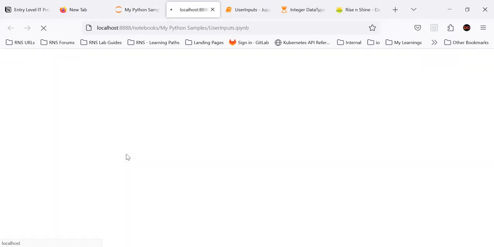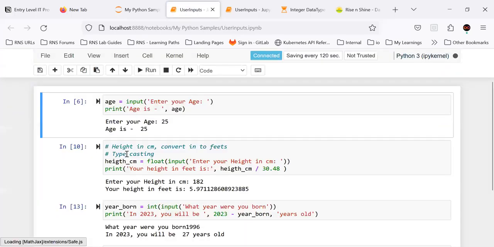And we are understanding user inputs. In user inputs, typecasting. Instead of hard coding the values in the program, sometimes there is a possibility to read the values from the user. How do we read the values from the user? You can use the input function. Fine, good. But the input function returns the user value in the format of a string.